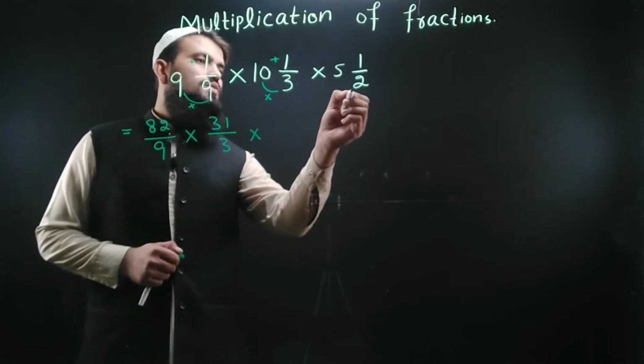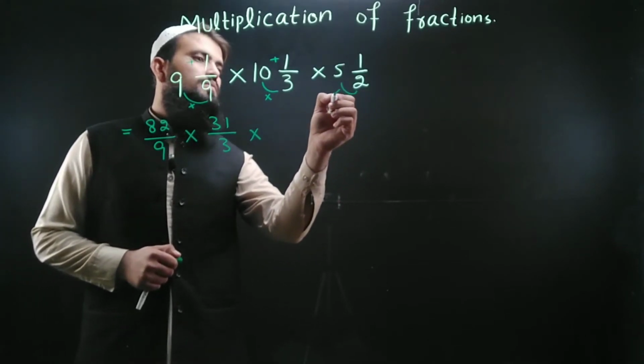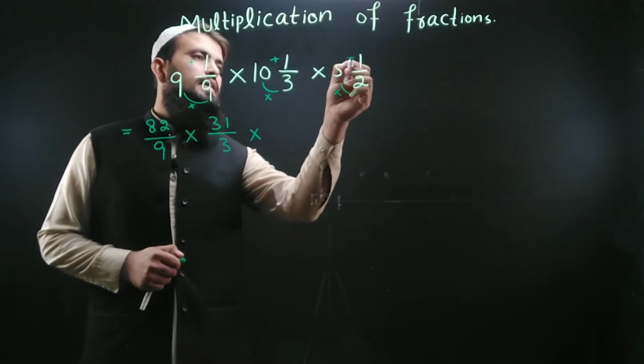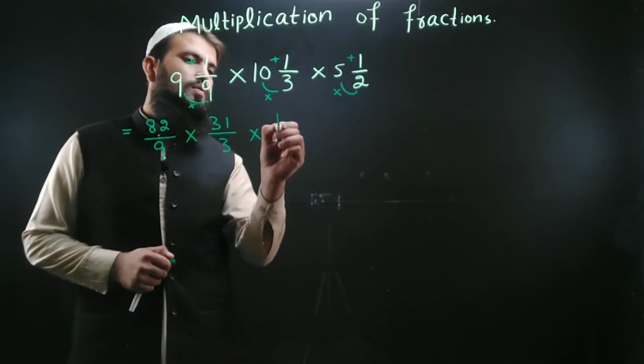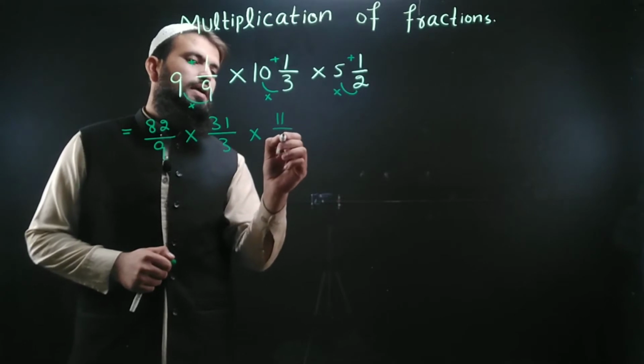So here, 2 times 5 is 10, 10 plus 1 is 11, so 11 by 2.